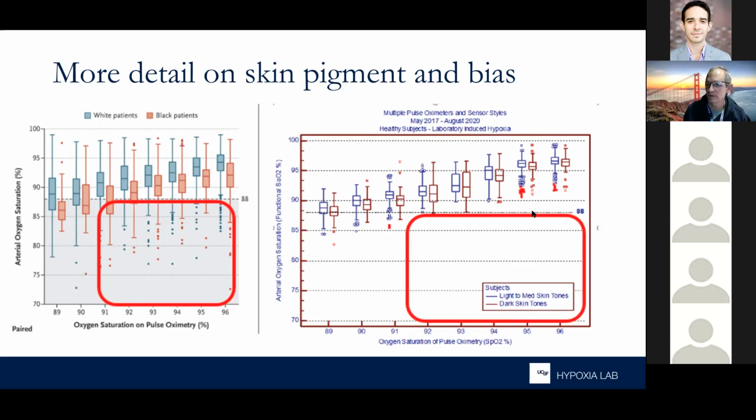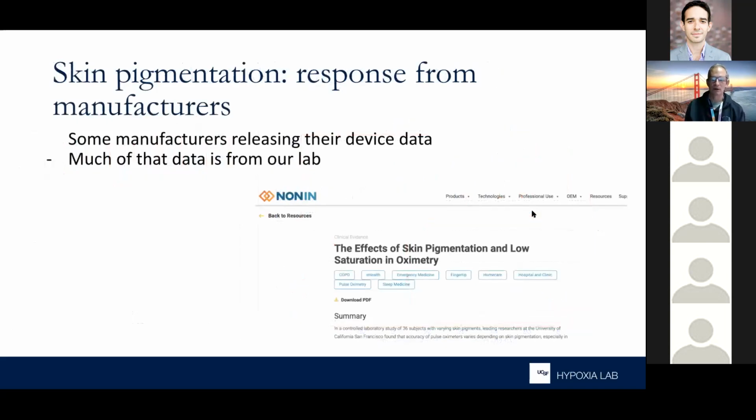What factors based on race are doing this? Are the patients sicker? Do they have lower perfusion? It could be a number of factors. Next. So we are actively working on this. And as I said, we've had a mixed history of success in getting manufacturers to account for this bias. Next.